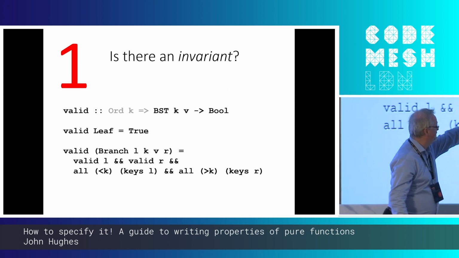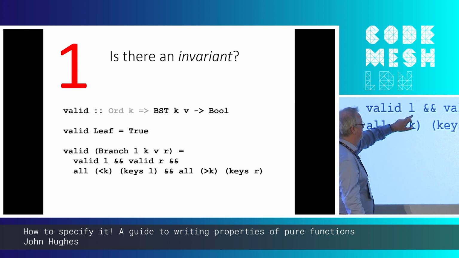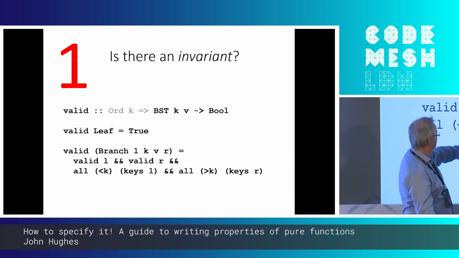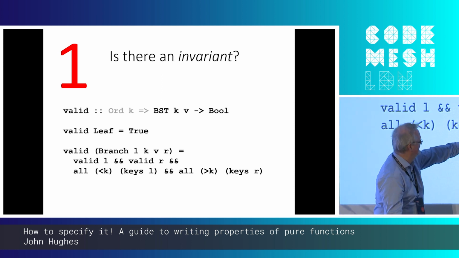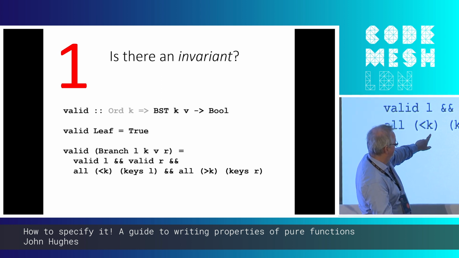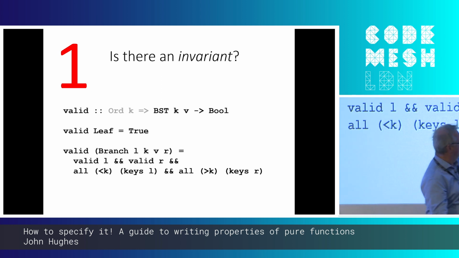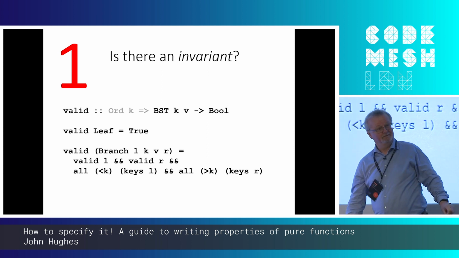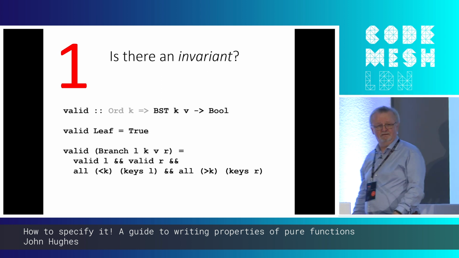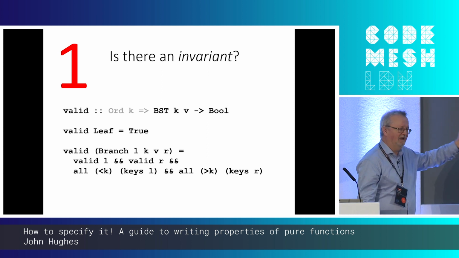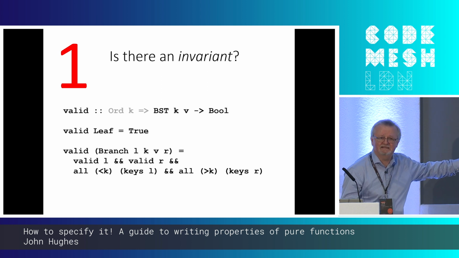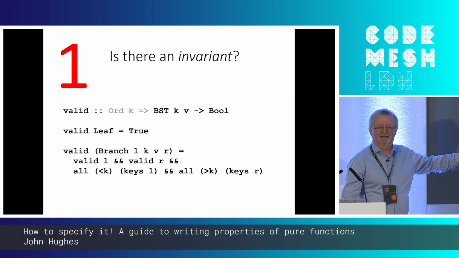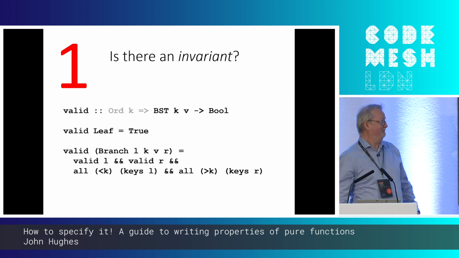A branch tree is valid if the left subtree is valid and the right subtree is valid, and all the keys in the left subtree are strictly less than the key in the root, and all the keys in the right subtree are strictly greater than the key in the root. Make sense? This is obviously correct, isn't it? You agree? Oh, I see you were a little doubtful.